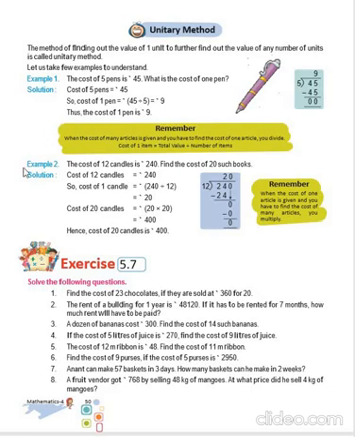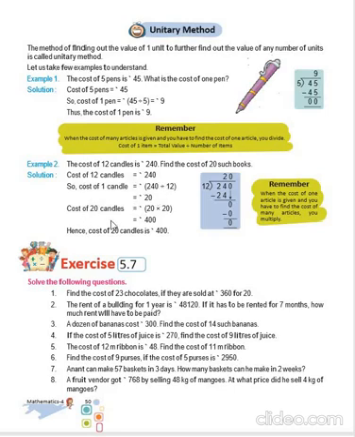Now let's take another example. The cost of 12 candles is rupees 240. We have to find the cost of 20 such candles. So the cost of 12 candles is 240. Cost of 1 candle will be 240 divided by 12, which is 20 rupees.